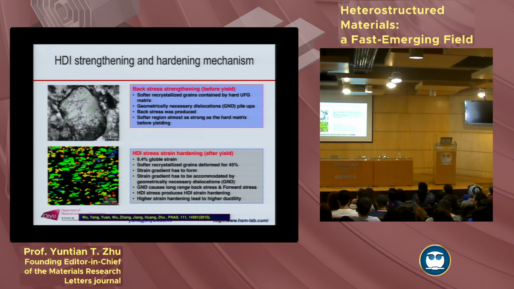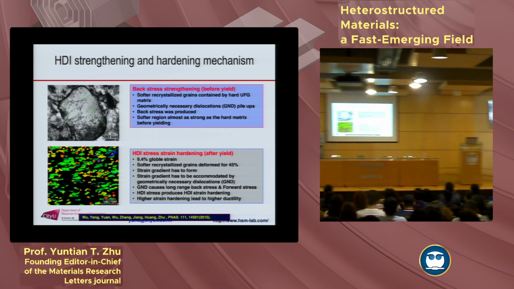And if you want to see why you have this very high strain hardening, look at here. This sample was deformed to 9.4% strain. But those large grains, initially equiaxed, are now all elongated. If you calculate the aspect ratio, you calculate the average plastic strain there.